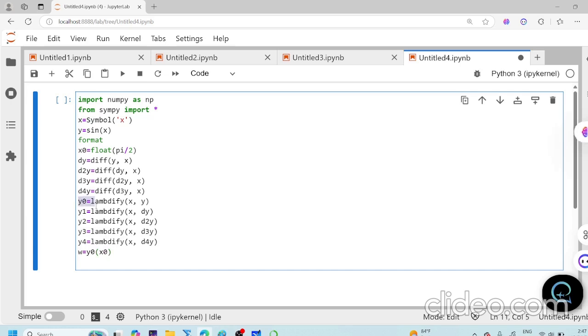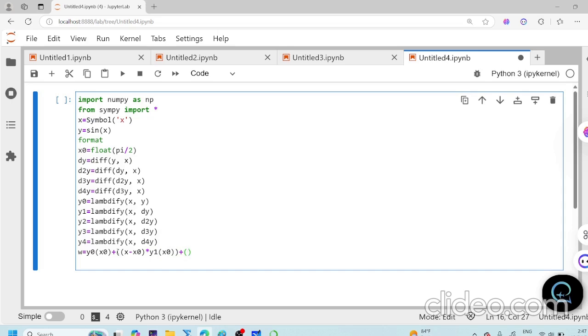So here is y naught, right? Simplified expression. So y naught of x naught first term plus second term. I will open double bracket. x minus x naught whole over 1. It's not necessary to write. x minus x naught by 1 factorial. That is also not necessary to write. So I have to write y1 of x naught.